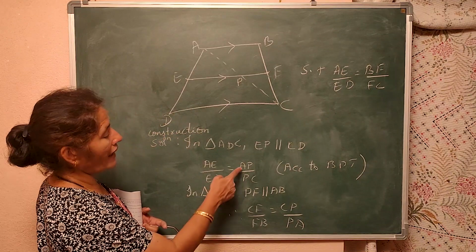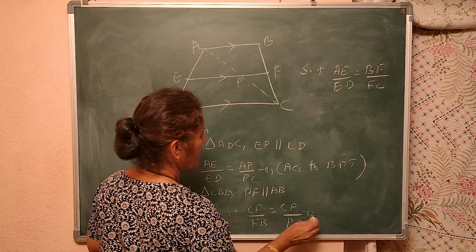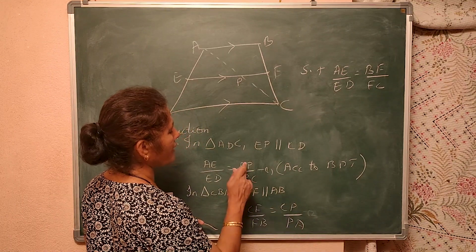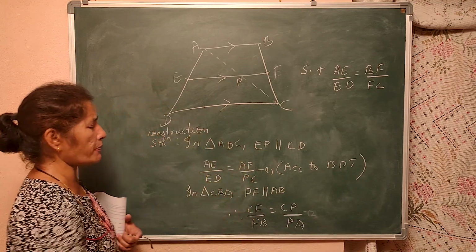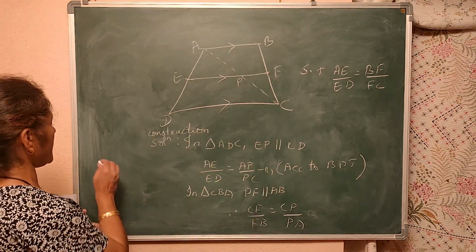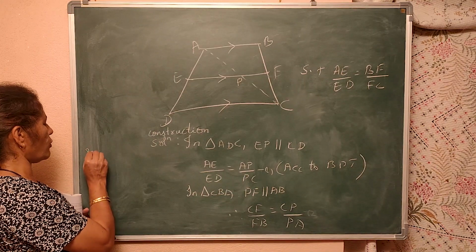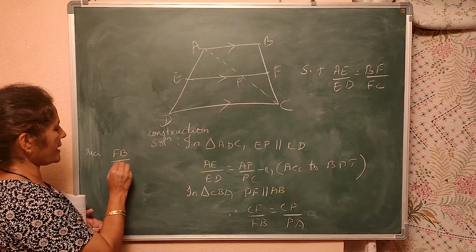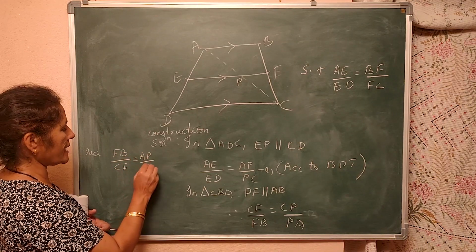Now you see 1 and 2. This is 1 and this is 2. Here AP is up, PC is down, and there AP is down. So let me take the reciprocal of this. Reciprocal: FB by CF is equal to AP by CP.